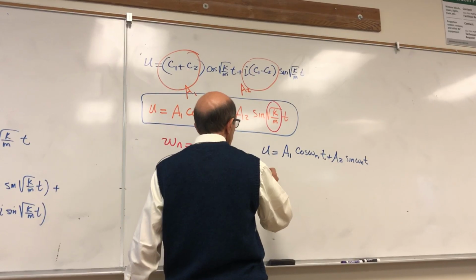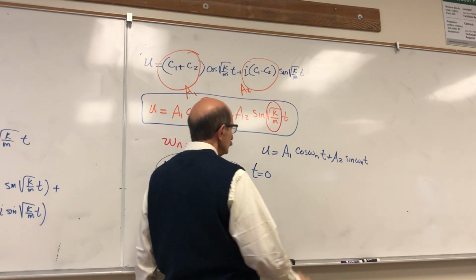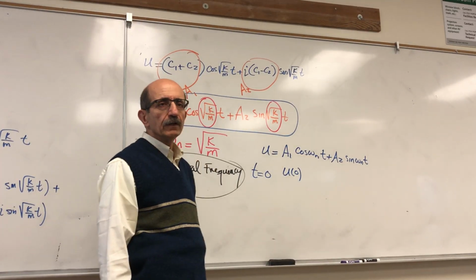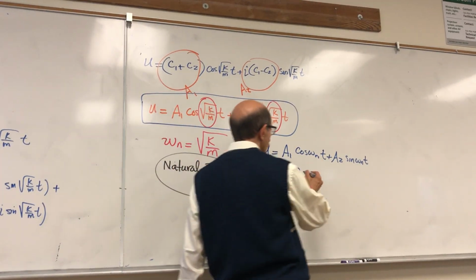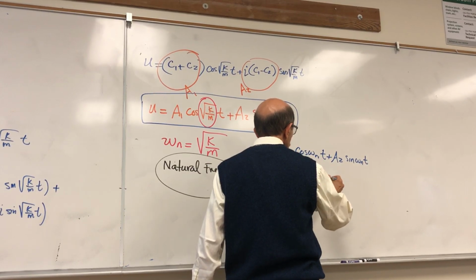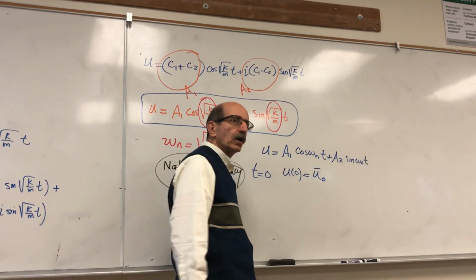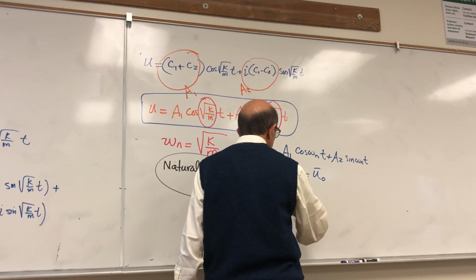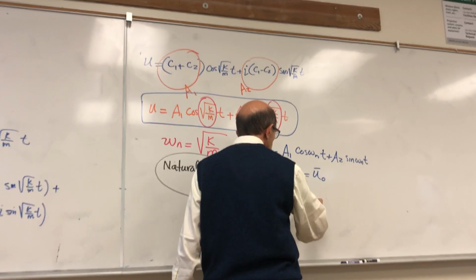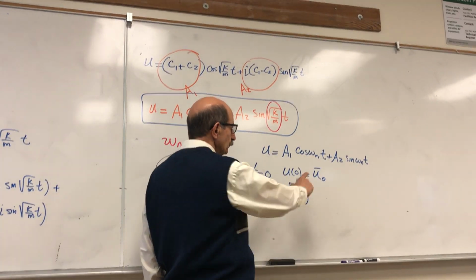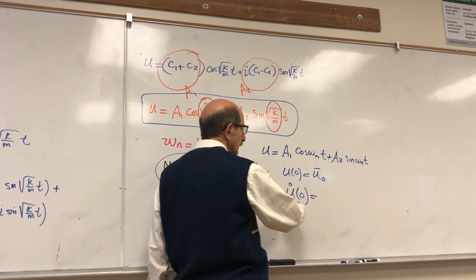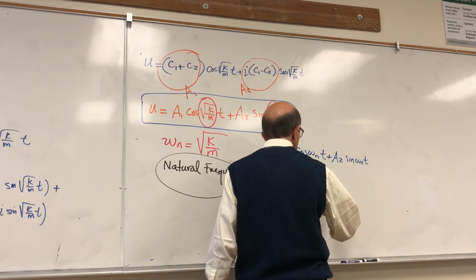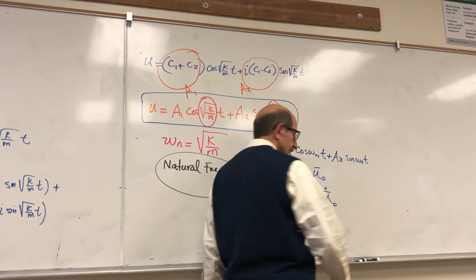So let's say at some time, say time equal to 0, I have the value of the displacement, u at time 0, which I call u bar naught, and the value of the velocity at time equal to 0, which I call u bar dot naught.